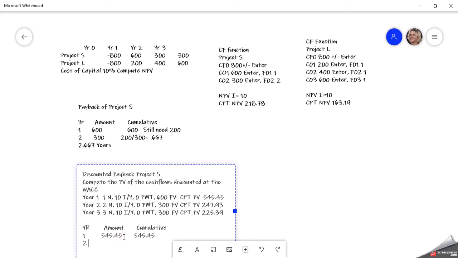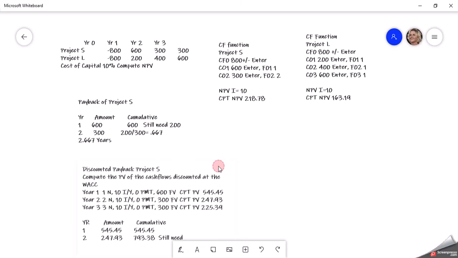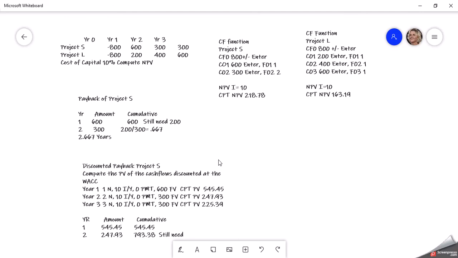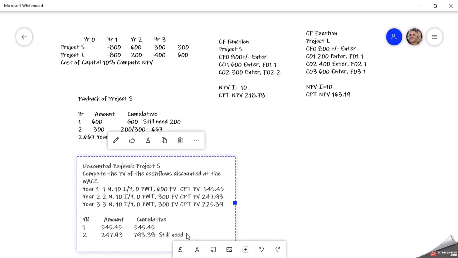Then year 2, I added to that the 247.93, and I was real close at that point. So 545.45 plus 247.93, I'm up to 793.38. So then I still need $6.62 to get to my payback.